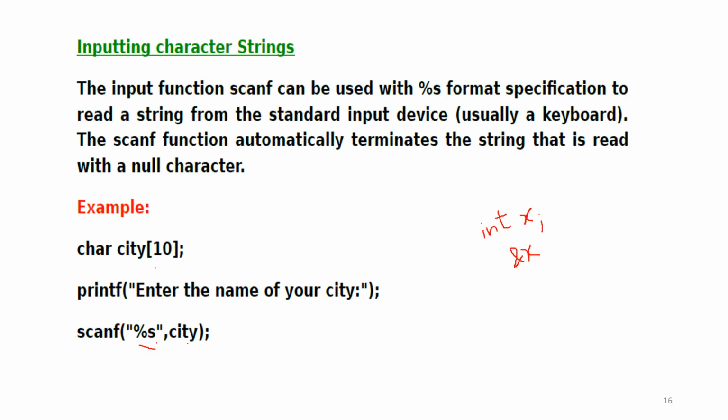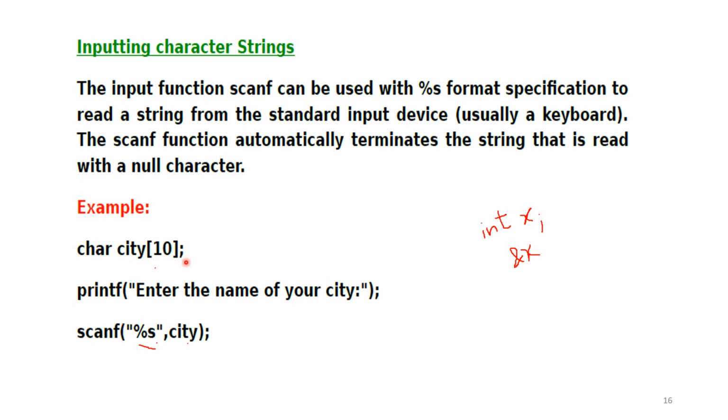Let's look at how to read a string using the scanf function. scanf can be used with the %s format specification to read a string from the standard input device, usually a keyboard. The scanf function automatically terminates the string that is read with a null character. An example is given here.